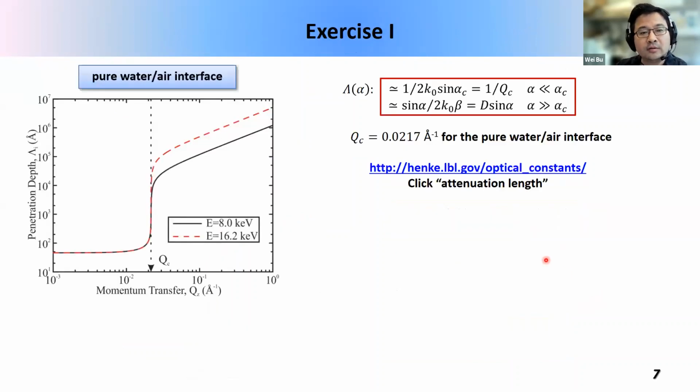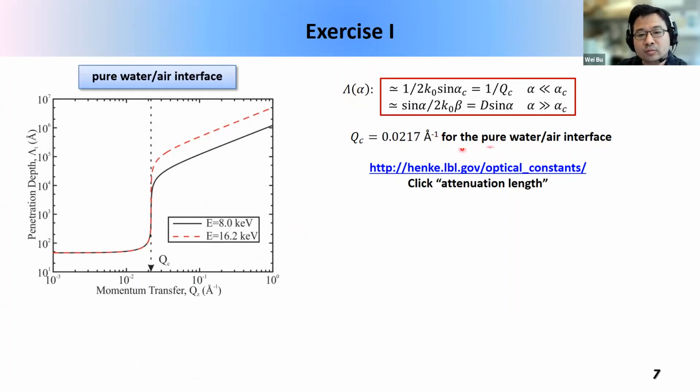Okay, here is the first exercise. We have this simplified equation for the penetration depth at different extreme conditions. Here, QC, the critical Q for a pure water-air interface, is 0.0217 inverse Angstrom.